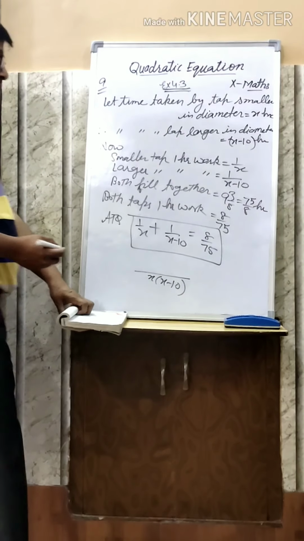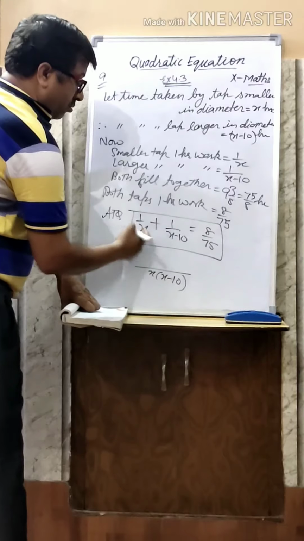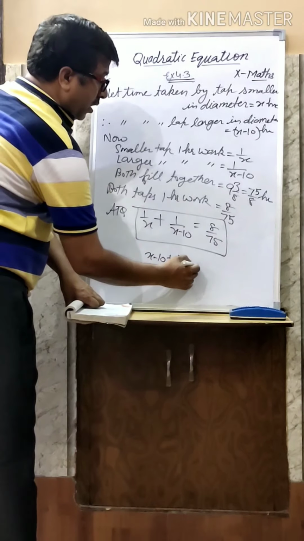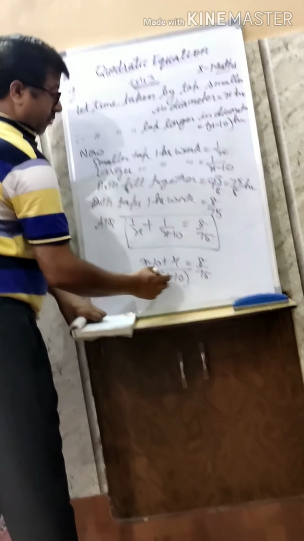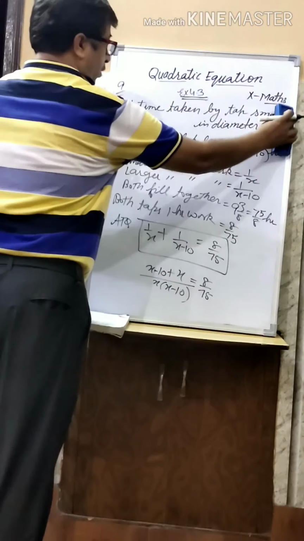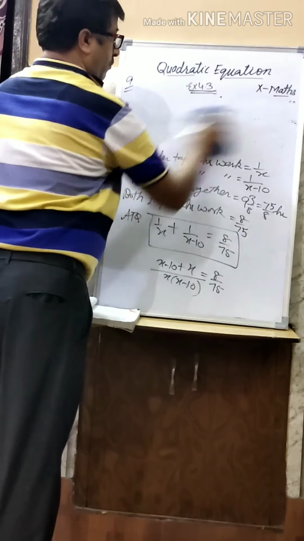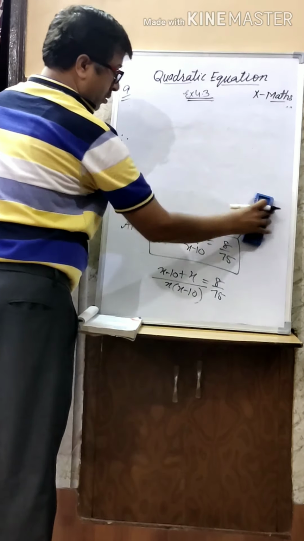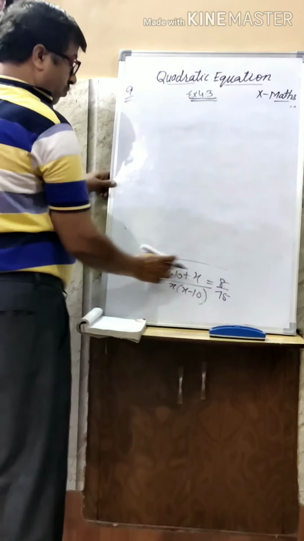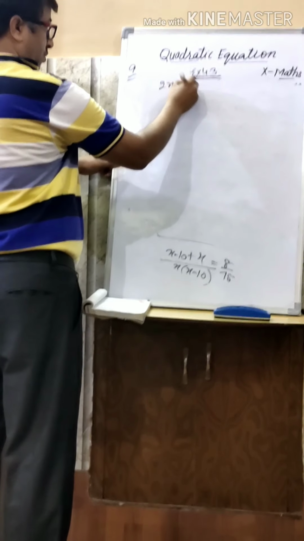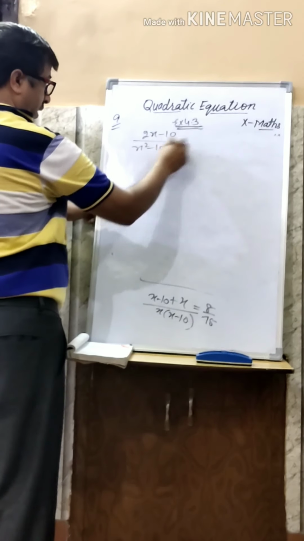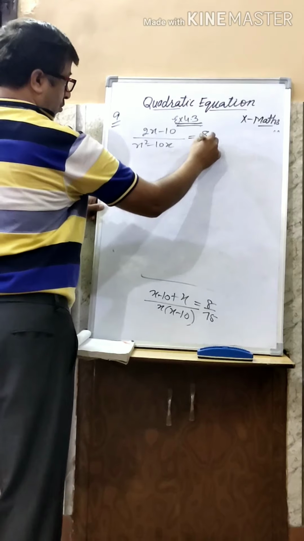If I take the LCM here, x into x minus 10, the numerator becomes x minus 10 plus x, which is 2x minus 10, upon x square minus 10x, is equal to 8 upon 75.